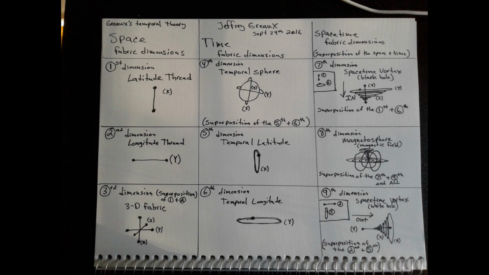So we look at space, the latitude thread, and the longitude thread has the same properties of latitude, just flipped on its side. Well, why do we treat time differently than space? We don't need to do that. Time is just like space, it's just in a different position.